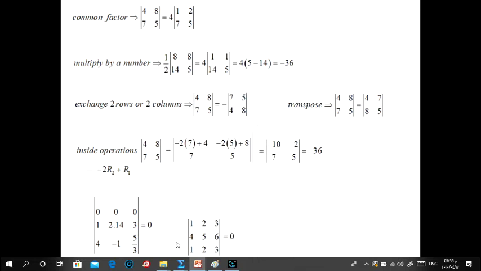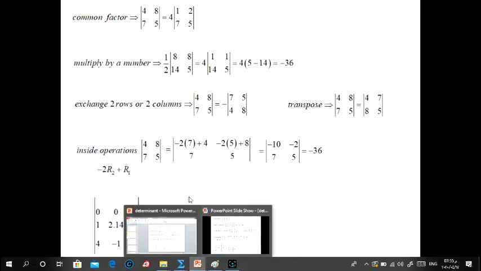It is a property that if any two rows are equal or the same, or even two columns, the total value will be 0. Why? Try to think why. Why is this equal to 0? Very good.